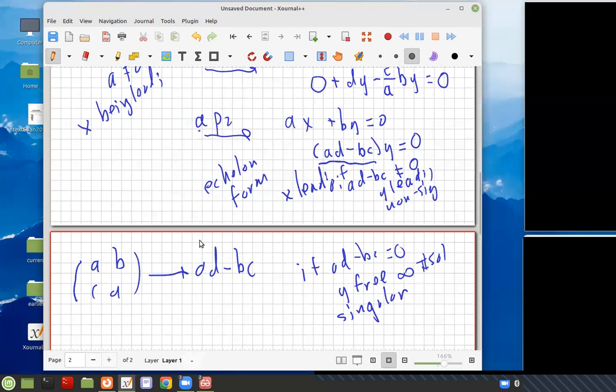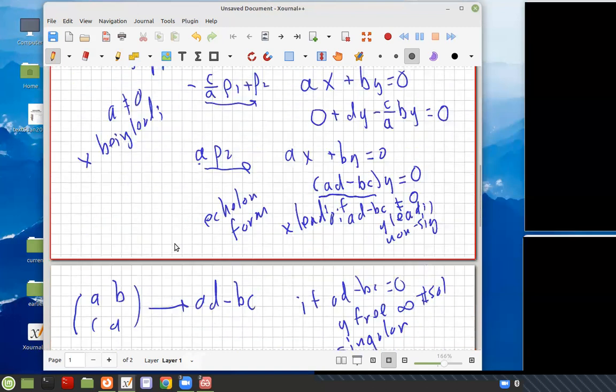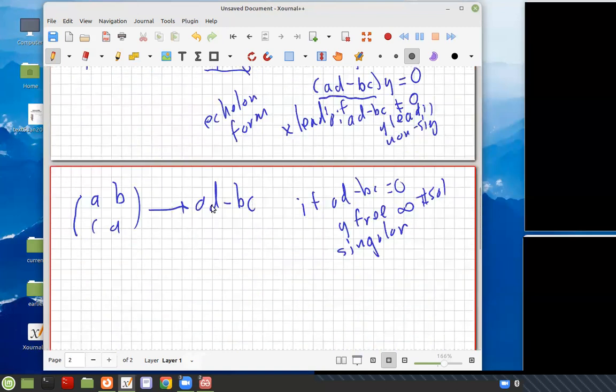Okay, so now, since we have this example, you could go through and do the same thing with a 3 by 3 matrix and you get a more complicated formula. But then let's say we wanted to examine the row operations with respect to this quantity. I think it's not important to see the algebra so much as the result.